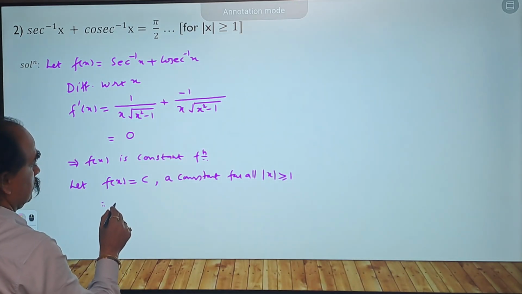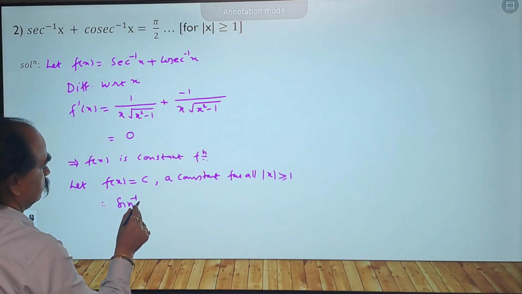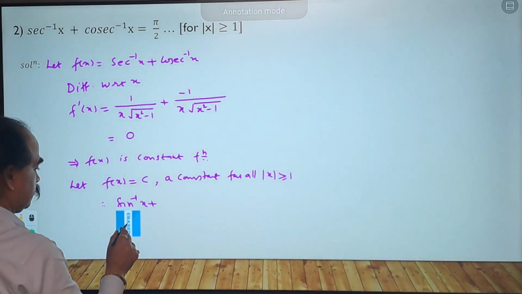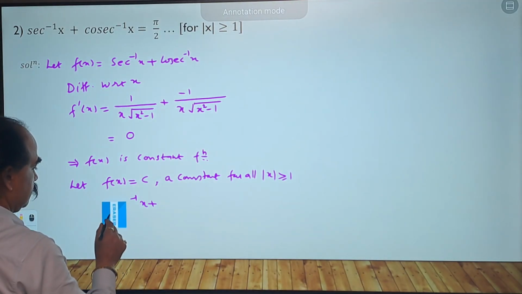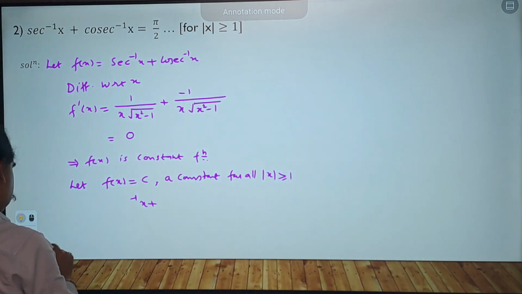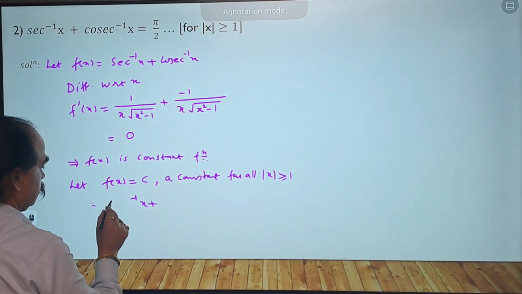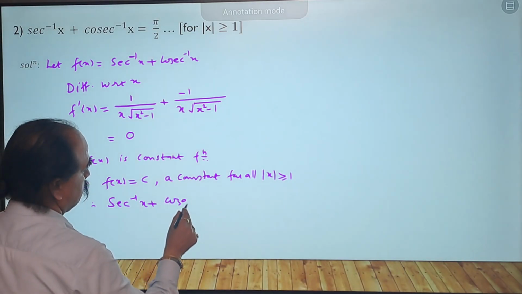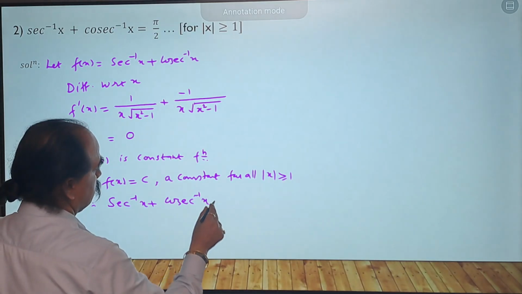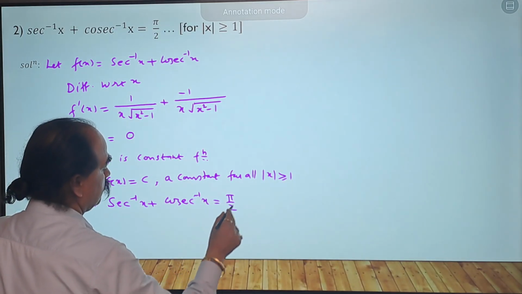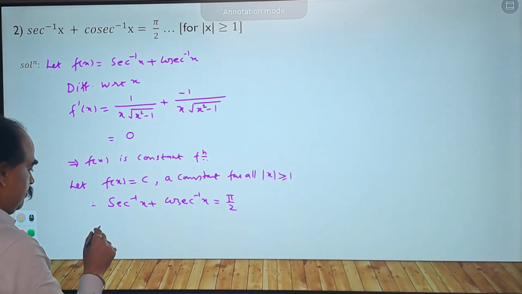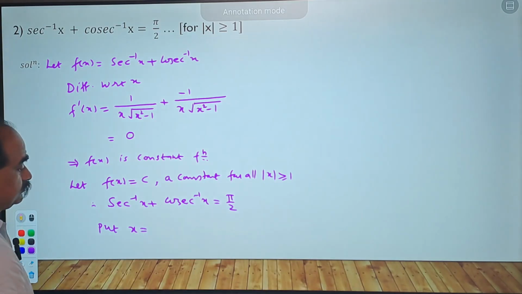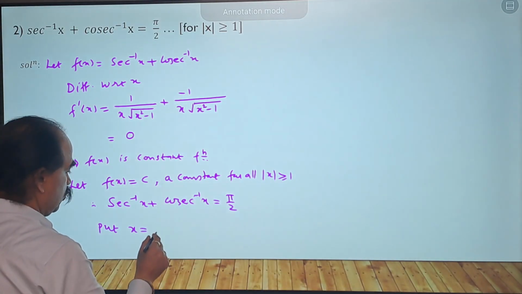Sorry, sec inverse x plus cosec inverse x is what? Pi by 2. Put x is equal to 1.